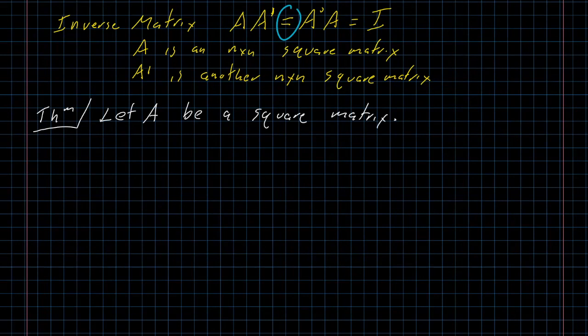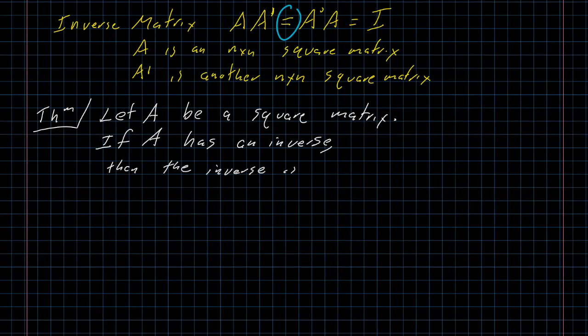So as a theorem, let's let A be any square matrix. If matrix A has an inverse, then that inverse is unique.